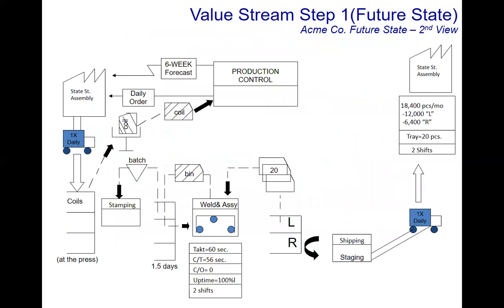So this would be our second view of the future state, where we have a supermarket in between the welding and assembly and shipping. We have a supermarket between the welding and assembly and stamping. And then this is our signaling Kanban, which is for informing the stamping press how much to make.